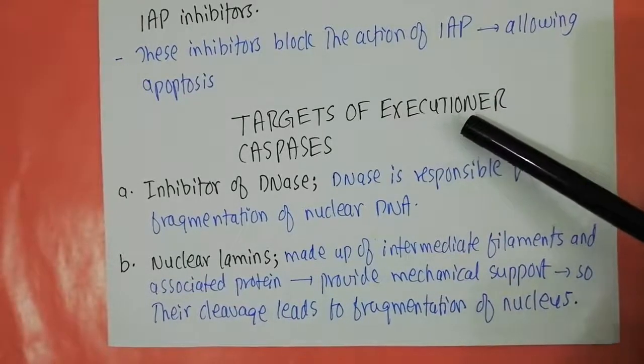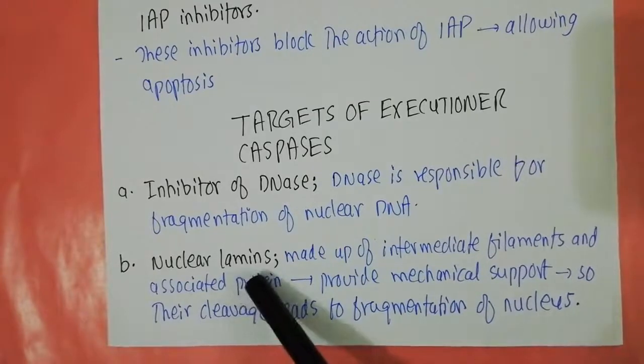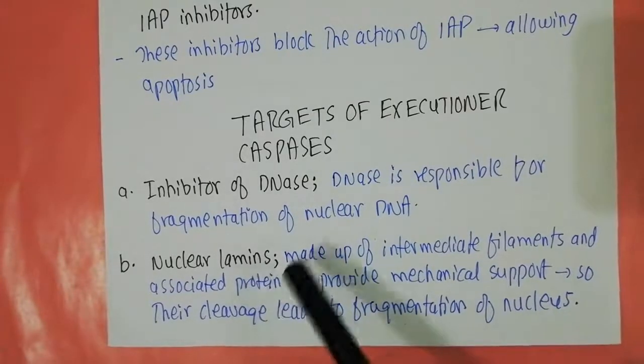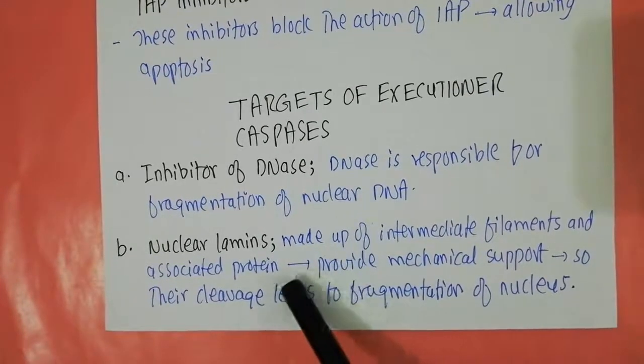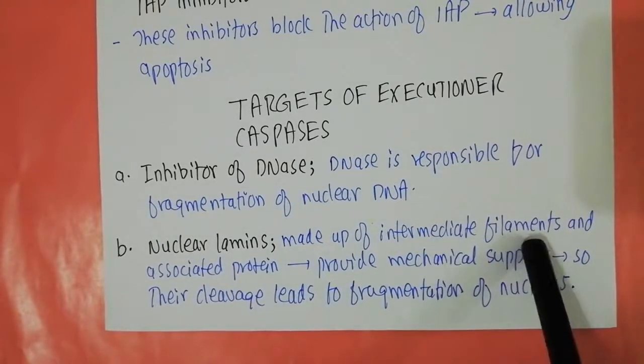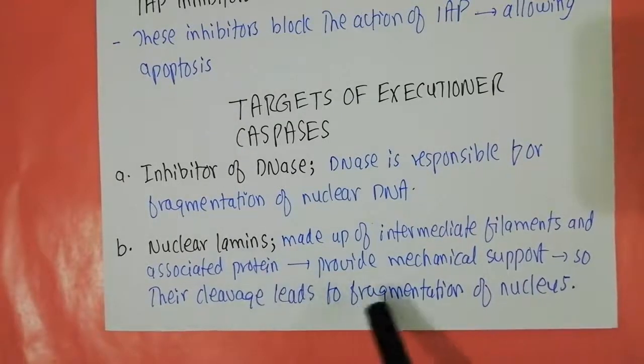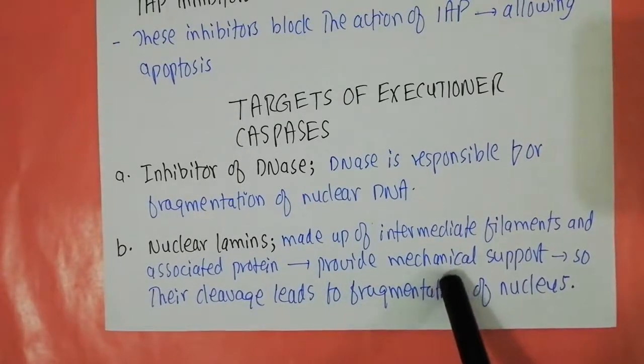Another important target of the executional caspases are the nuclear lamins. When you talk about these nuclear lamins, they are proteins made up of intermediate filaments and associated proteins, and these nuclear lamins are very important to provide mechanical support to the nucleus of the cell.